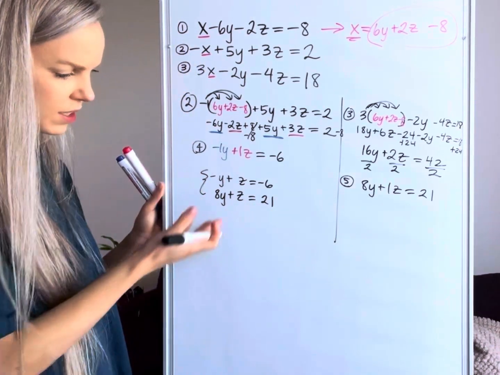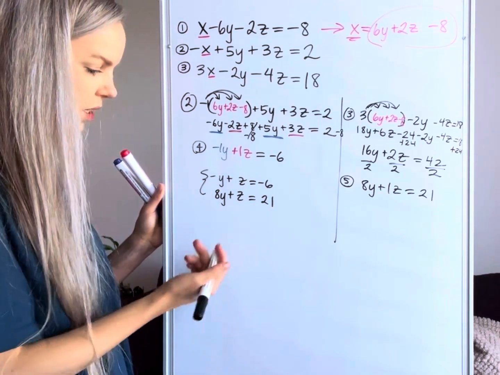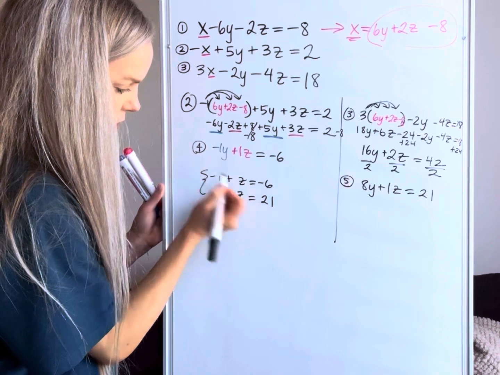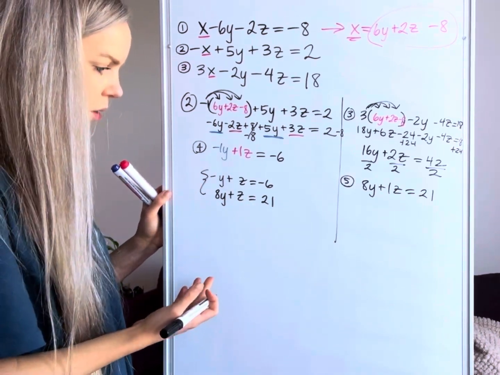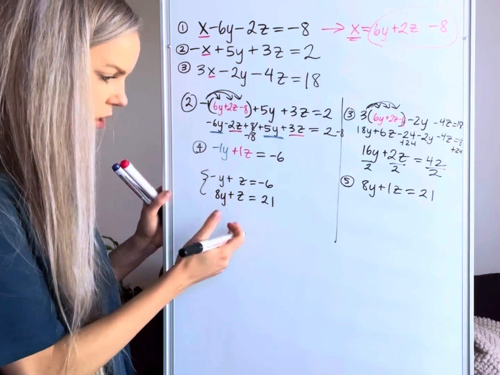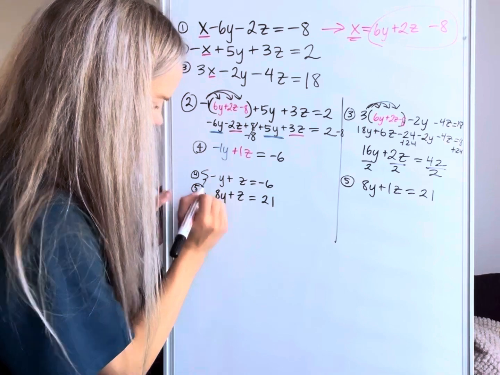Okay, so this is set up really nicely for elimination. It doesn't really matter which way you solve your 2x2 system. That's an Algebra 1 concept. If you wanted to use elimination at this point, you could. This is equation 4, this is equation 5.